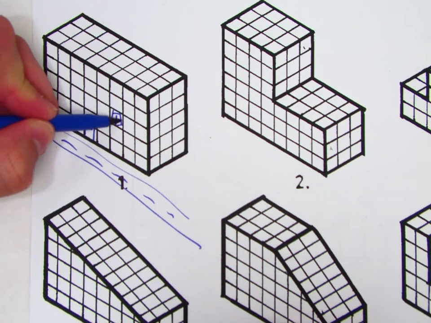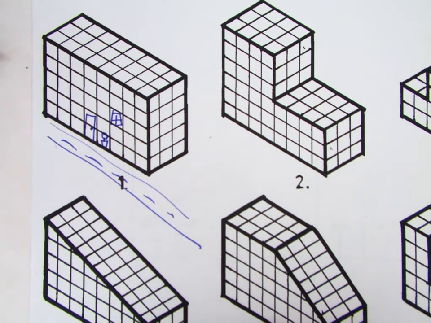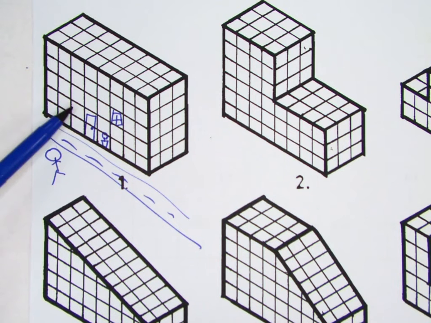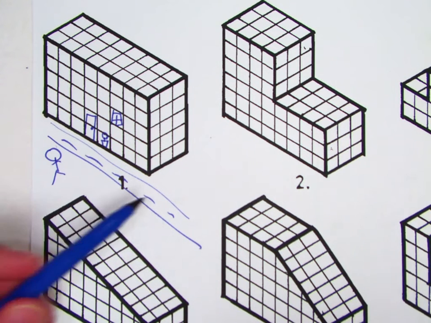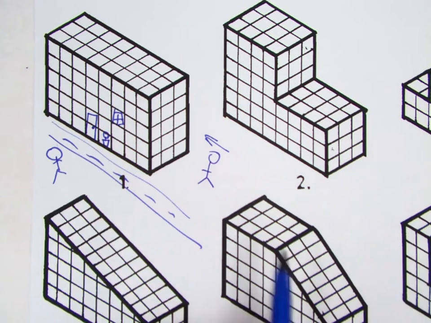It has a nice little window, even a nice little flower pot. Okay? So you're standing over here looking, admiring such a beautiful building, and you're looking at the front of the building. You are so amazed with just how good this building is that you walk around to the right side of the building. So now you're standing here looking at the right side of the building.